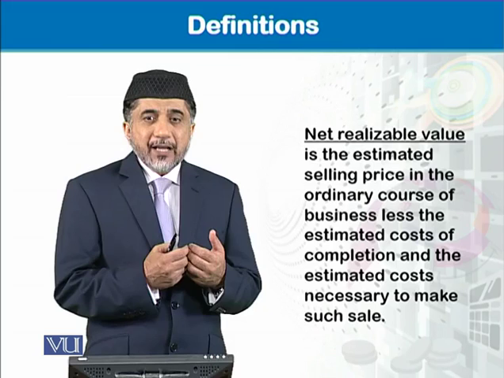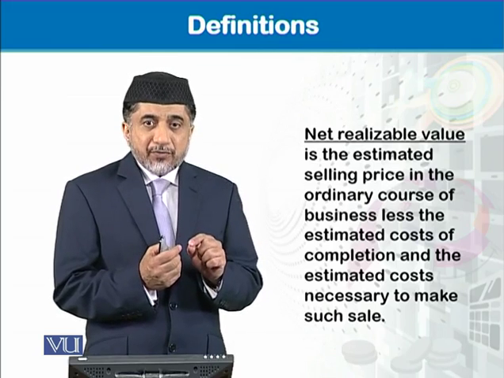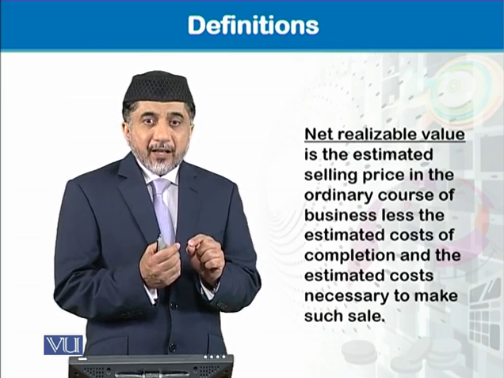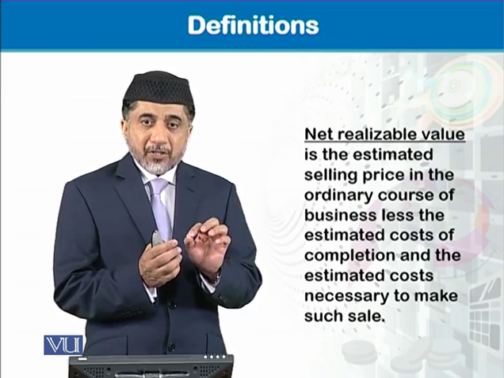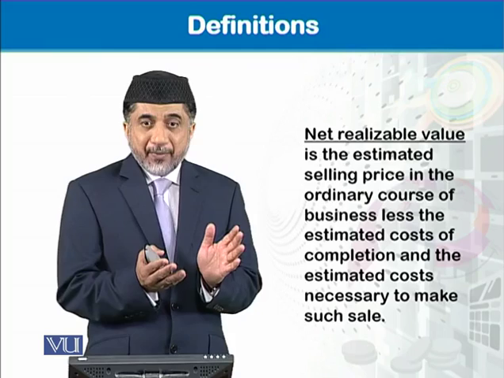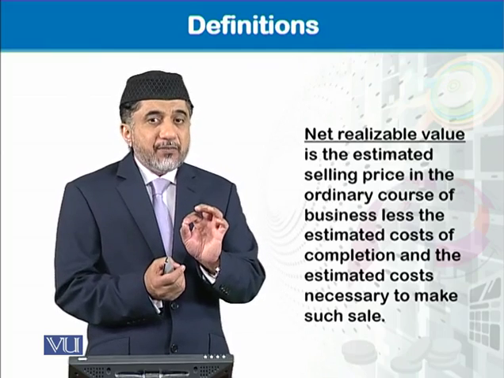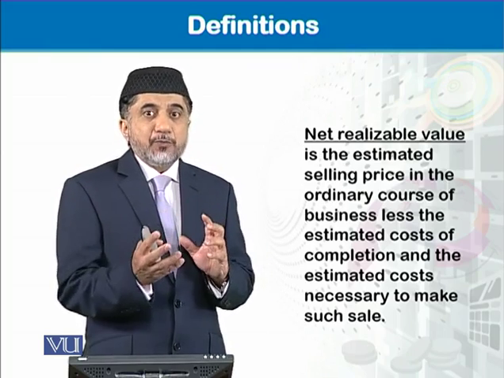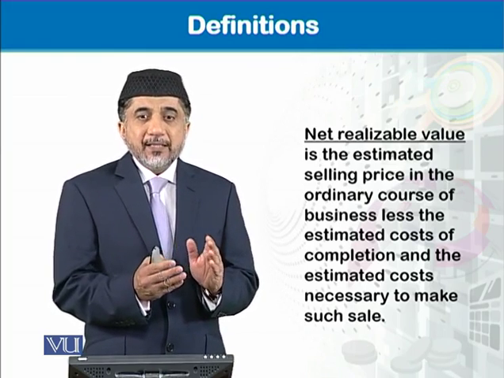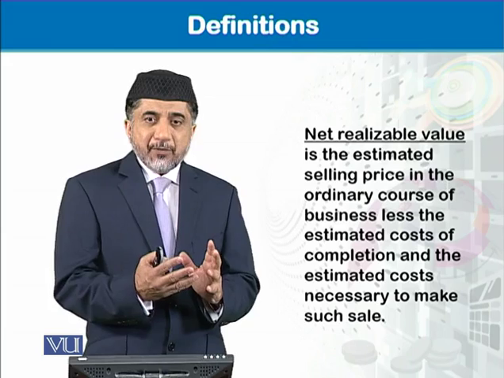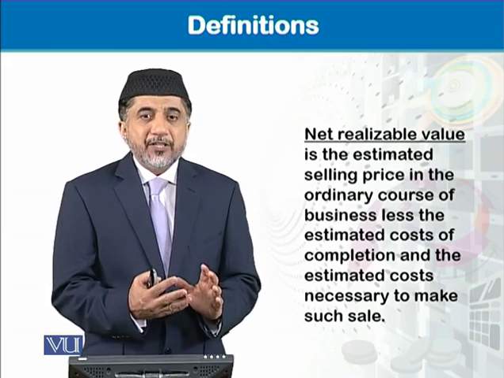So we cannot get the selling price for that percentage of completion in the market, because the market will always give us the selling price of the finished product. Supposedly there is a table, we are manufacturing a table and it is 50% complete.